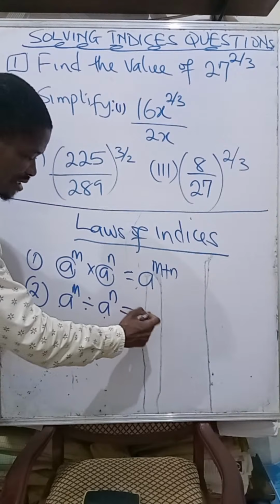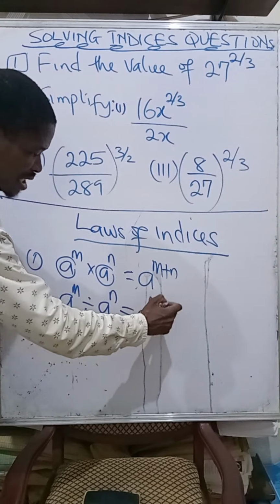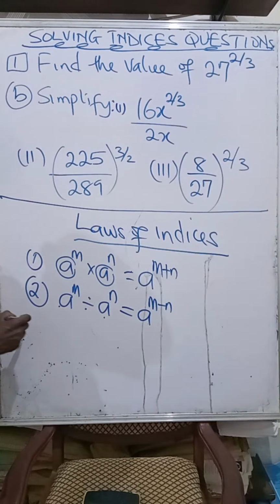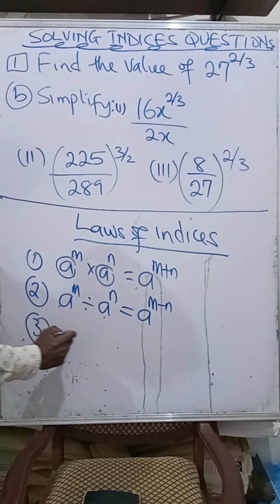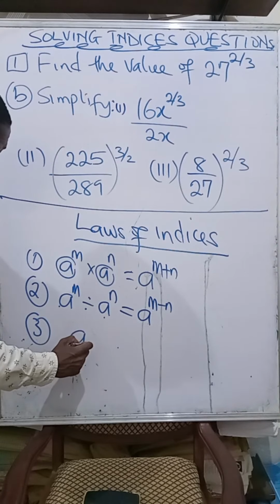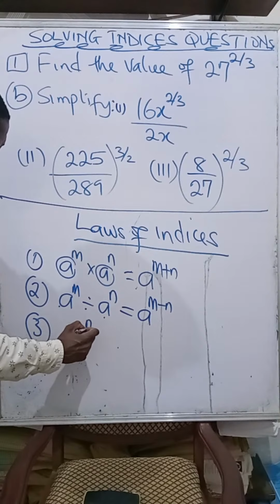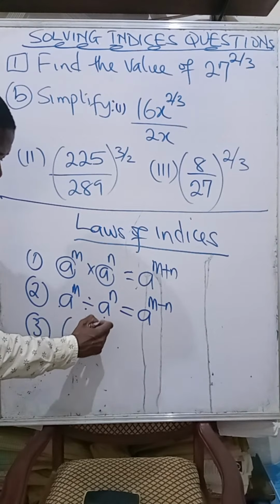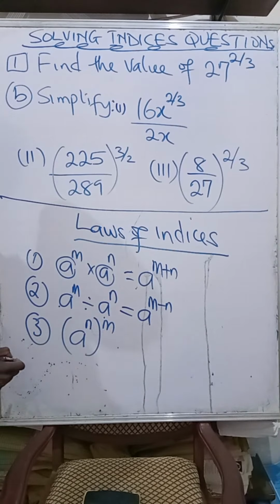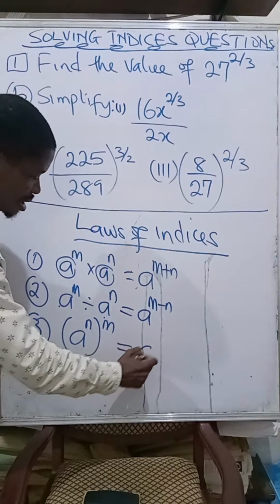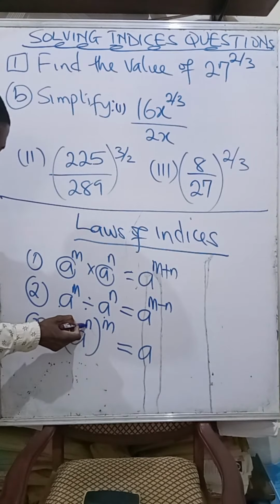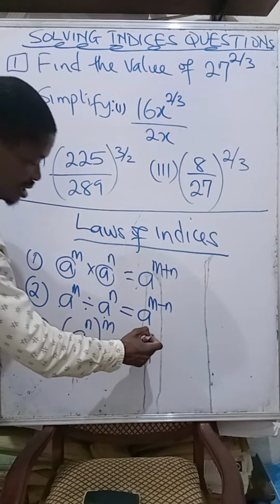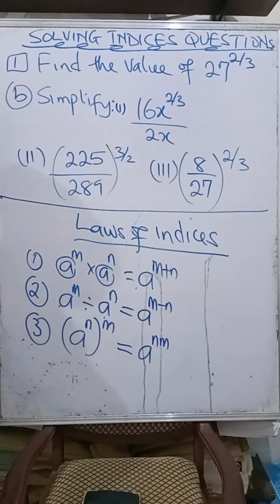You take one of the bases and you subtract the powers. Another one, when you have the inner power and the outside power, it's going to be the inner times the outer power.